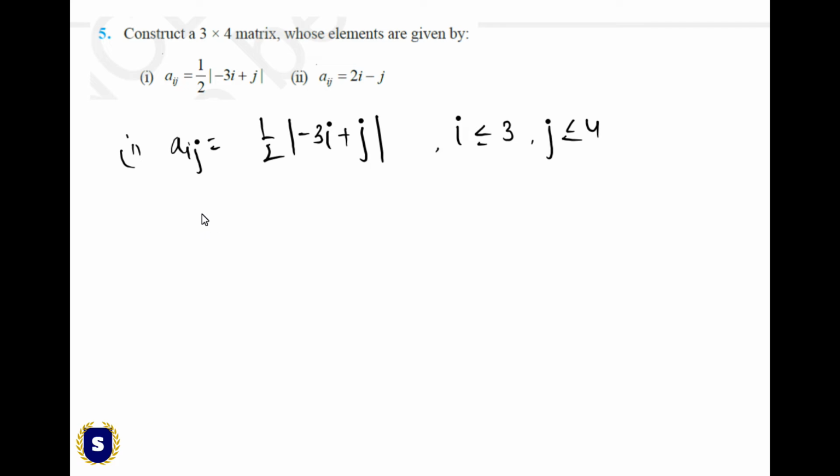A11 comes out to be 2 minus 3 plus 1, that is 2 by 2 is equal to 1. Then, okay. Let me make a column, otherwise it will become complicated.